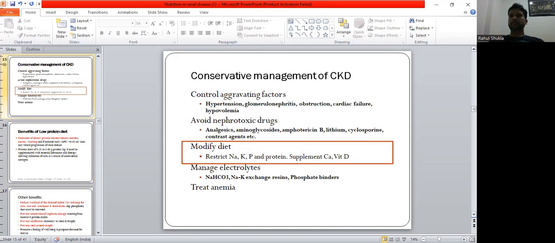About conservative management, there is control of the contributing factors, like underlying causes such as diabetes, hypertension, glomerulonephritis, obstruction, cardiac failure, hypervolemia, and avoiding nephrotoxic drugs like analgesics, aminoglycosides, amphotericin B, cyclosporin, and several contrast agents.